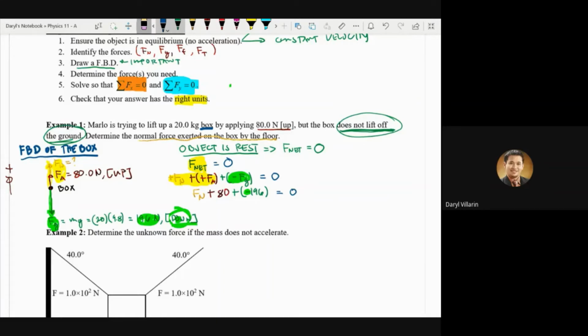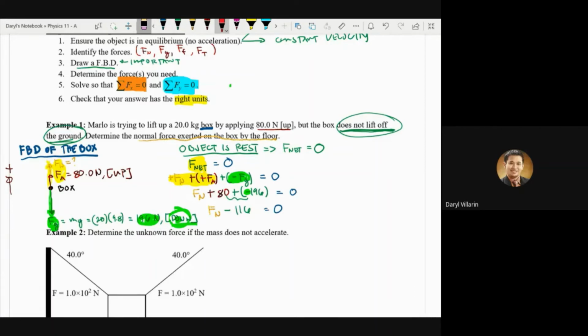So if I add these two, positive 80 plus negative 196 gives me negative 116. Okay? Negative 116. That should be equal to 0. But I'm solving for Fn. That means Fn should be on that particular side only.